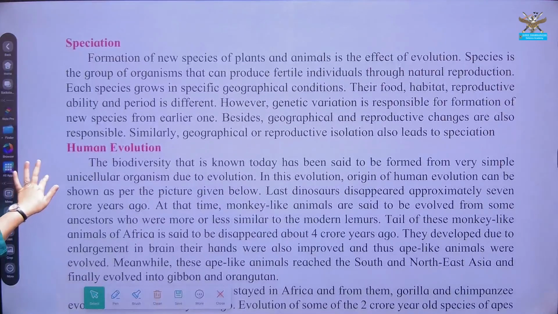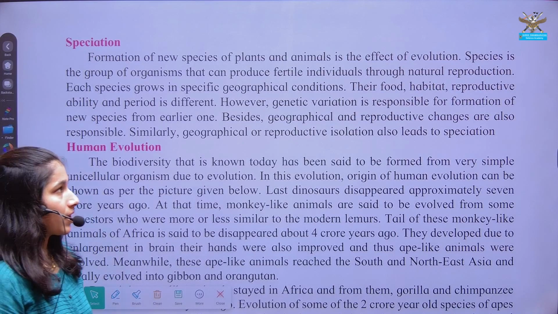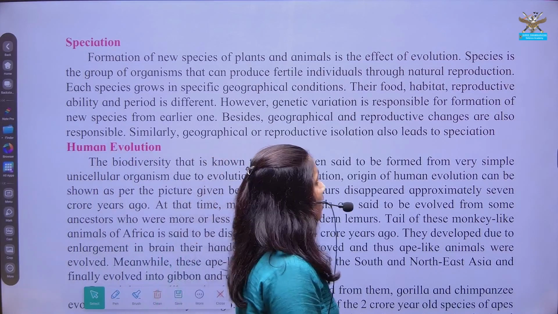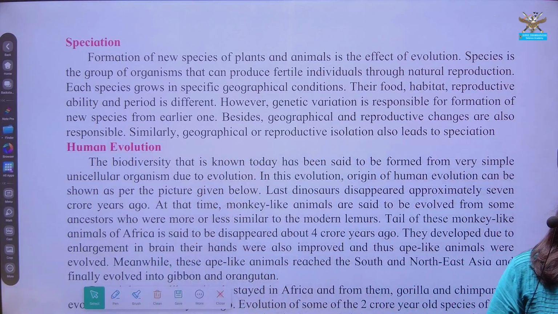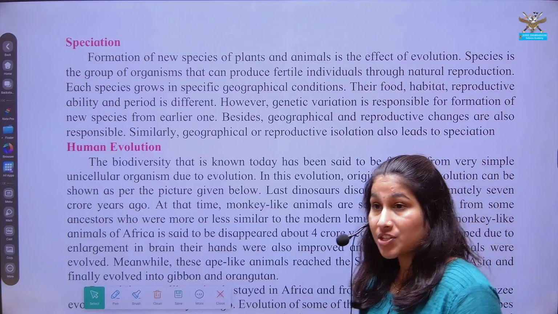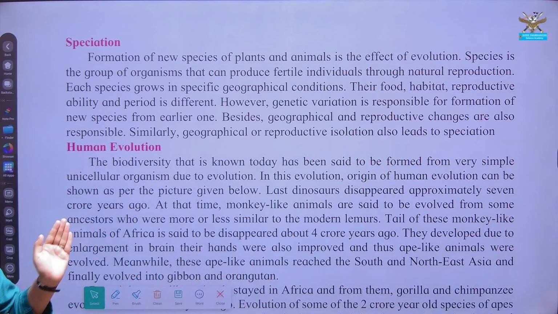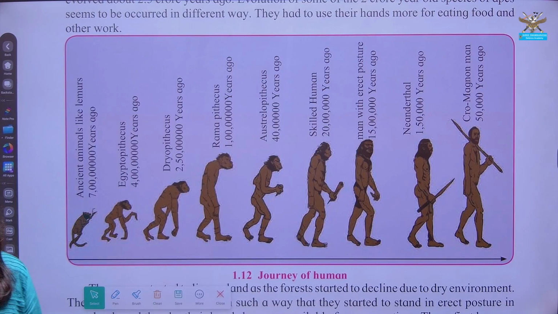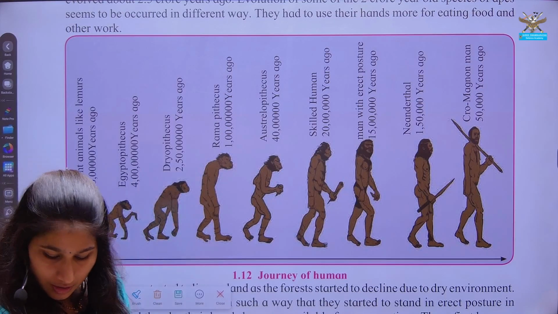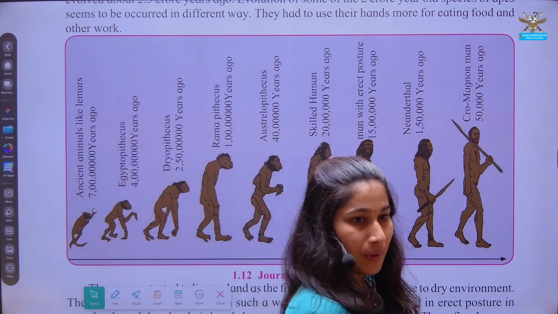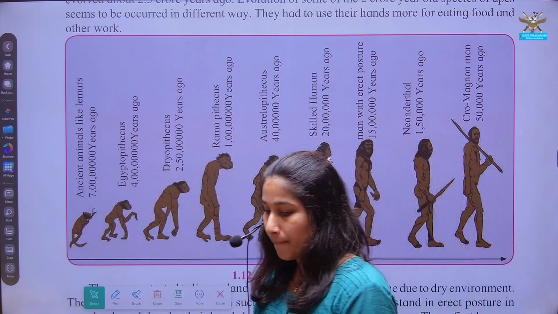Besides geographical and reproductive changes, these organisms may change into different kinds of species due to a change of habitat also. Now, in human evolution, the first record of a human-like animal was seen.